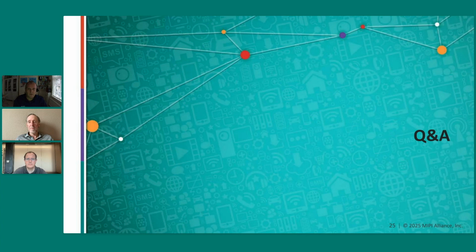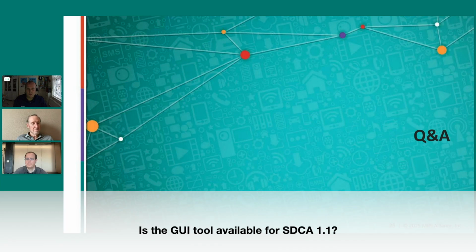Okay, next question. Obviously, Devin, you talked about the GUI tool. Is it available for SDCA 1.1? So the tool itself is undergoing some improvements. There is a version of the tool it's available with. The tool, by the way, is and will continue to be pretty much agnostic of whether or not you're using it with SDCA or SoundWire or Swiss or I3C.